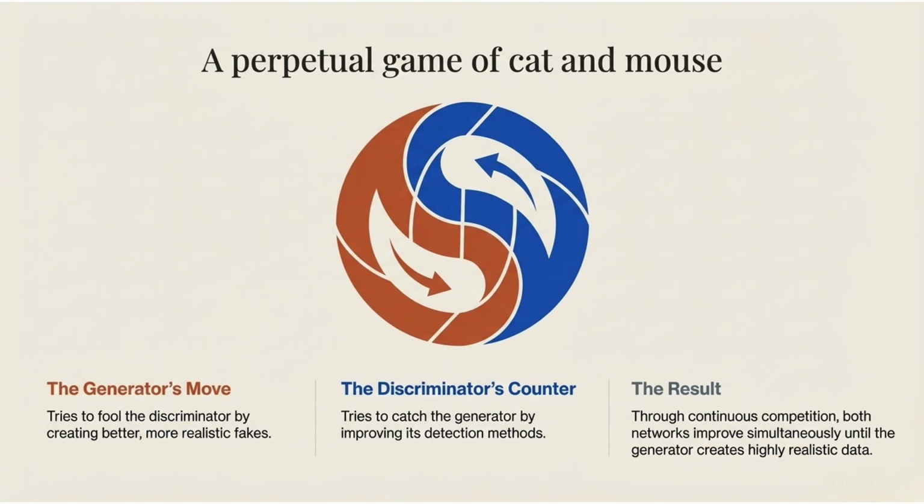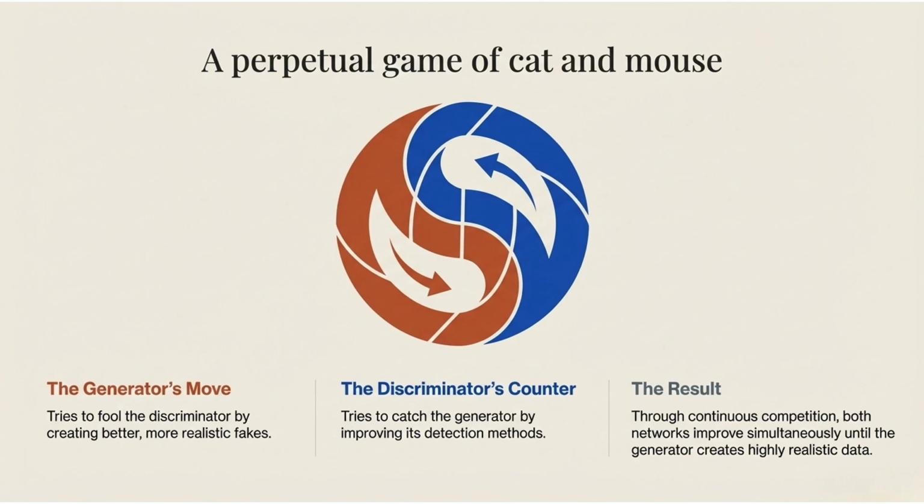Generative adversarial networks, or GANs, work like a continuous game between two neural networks called the generator and the discriminator. The generator tries to create fake data that looks as realistic as possible. At the same time, the discriminator tries to identify whether the data is real or fake.